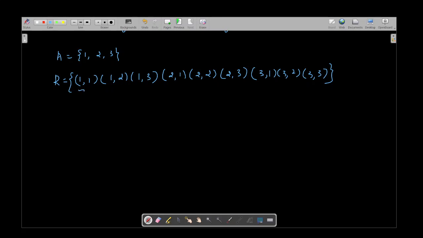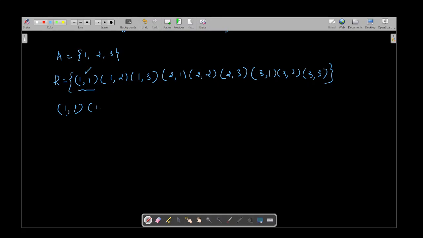So let us come to the first element, (1, 1). We know that in a set we write every element only once. Even if it is repeated many times, we write it only once. So if any element in the set is written once, we can write it as many times as we want according to our convenience.